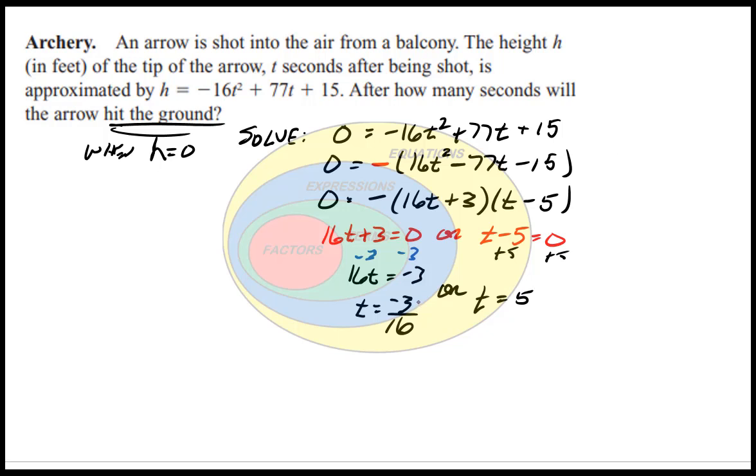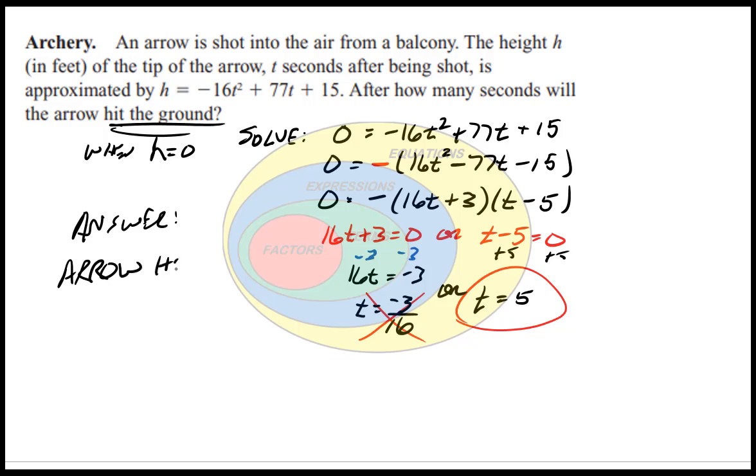So time cannot be negative, it does not apply to this, so t equal to 5. How many seconds until the arrow hits the ground? So our answer, the arrow hits the ground at 5 seconds.